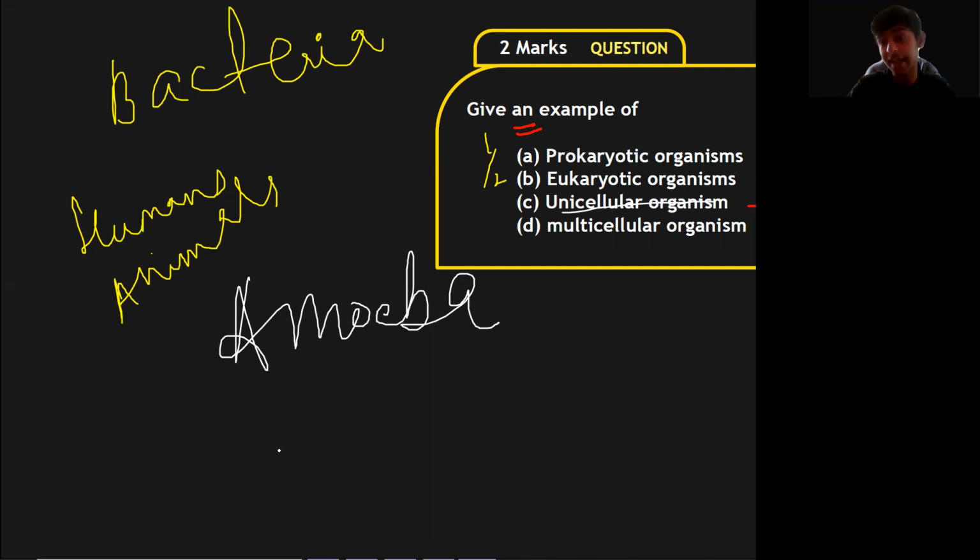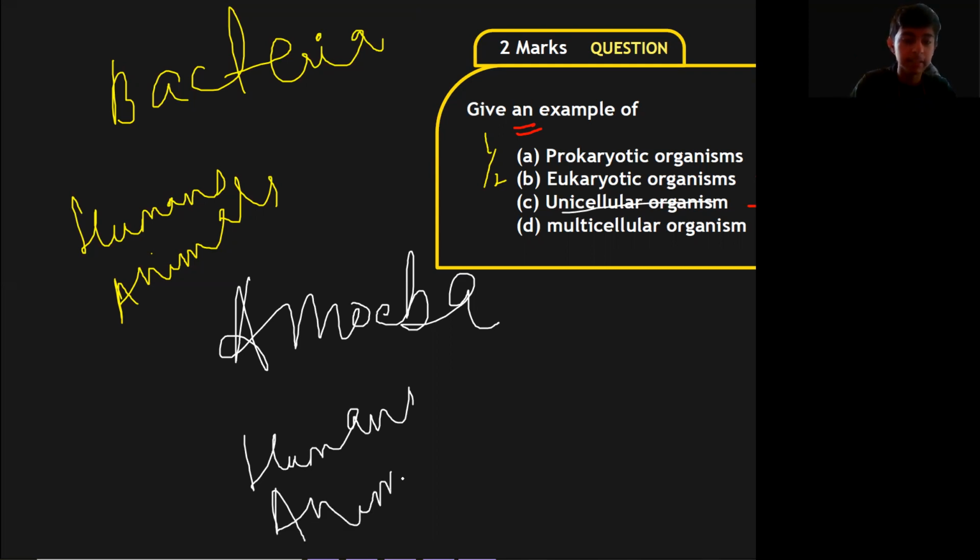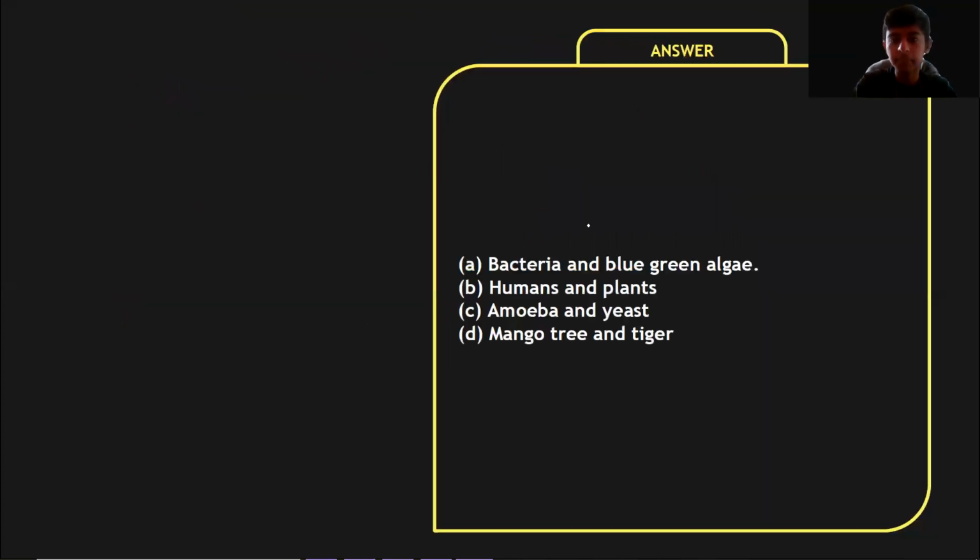Multicellular organism, again we can write humans, animals. So these are the examples, right? Bacteria, blue-green algae, they are prokaryotic. Humans, plants, amoeba, yeast, mango tree, tiger. You can easily write down the examples.